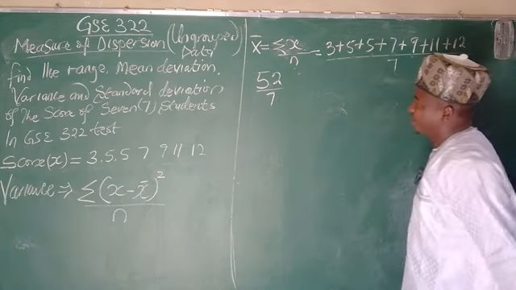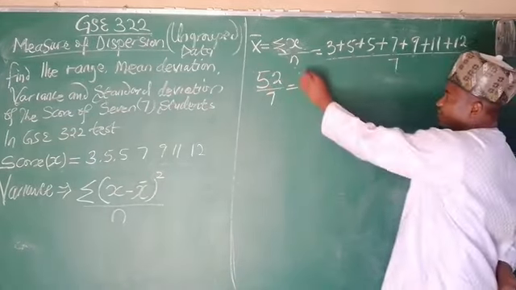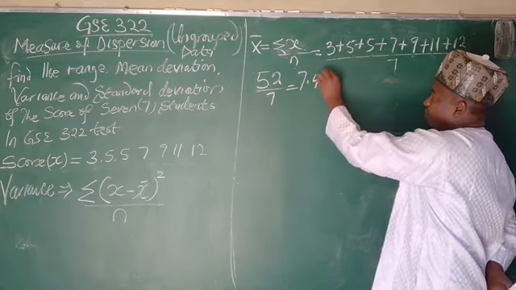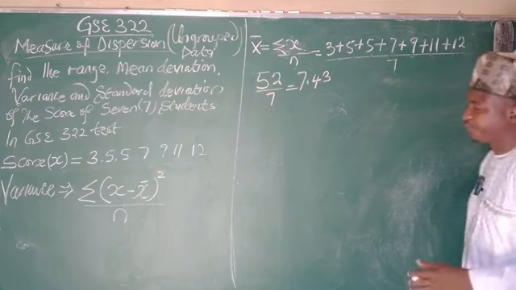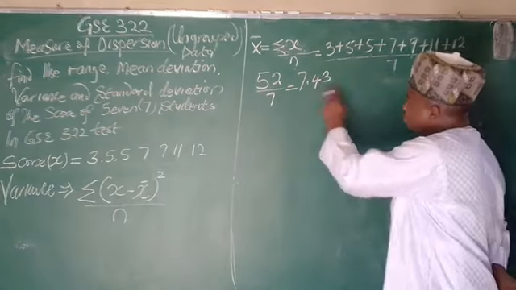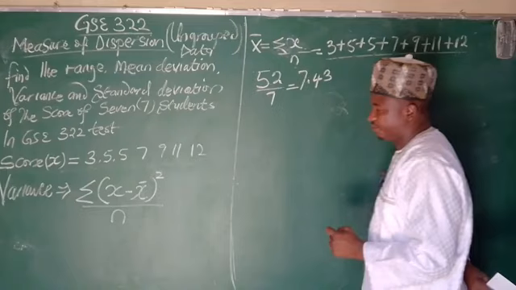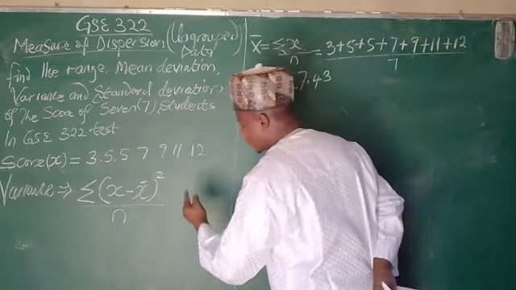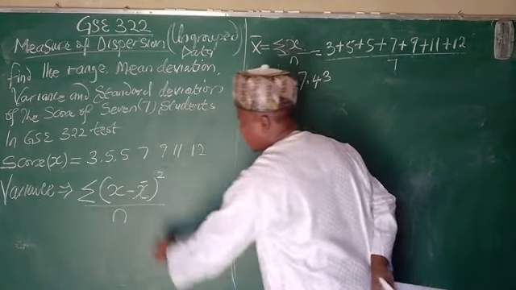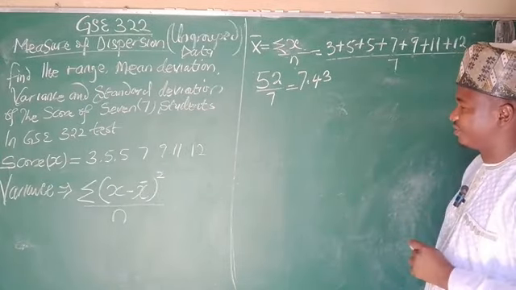When you divide 52 by 7, it gives us 7.43. So now, having gotten our mean, what next? We should subtract the mean from each of these items. Then after the subtraction, we square the result.